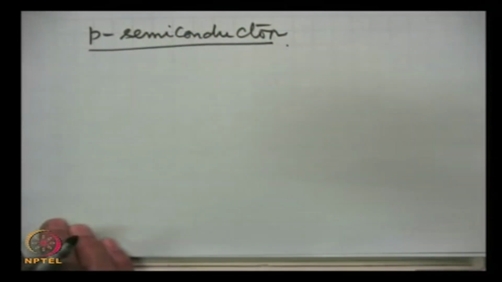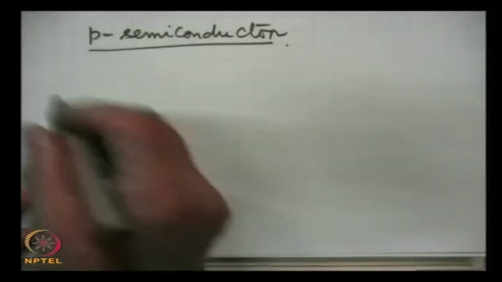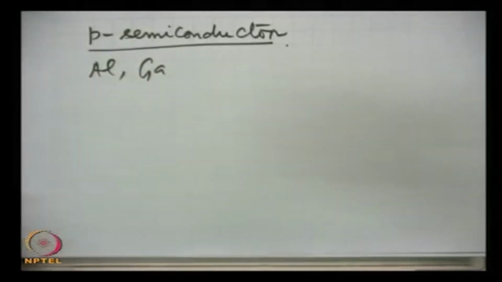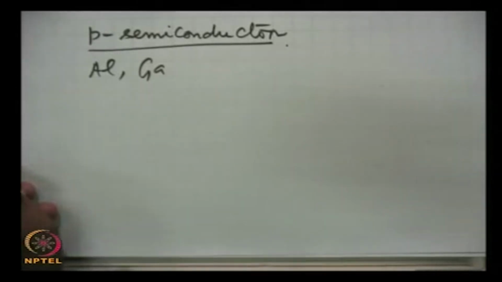Here the dopant has to be a 3 group impurity like aluminium or gallium and so on. Normally aluminium is used. Aluminium has valency 3. There are 3 electrons in the outermost shell of the aluminium, so what will happen when we dope the material, we dope silicon for example with aluminium.